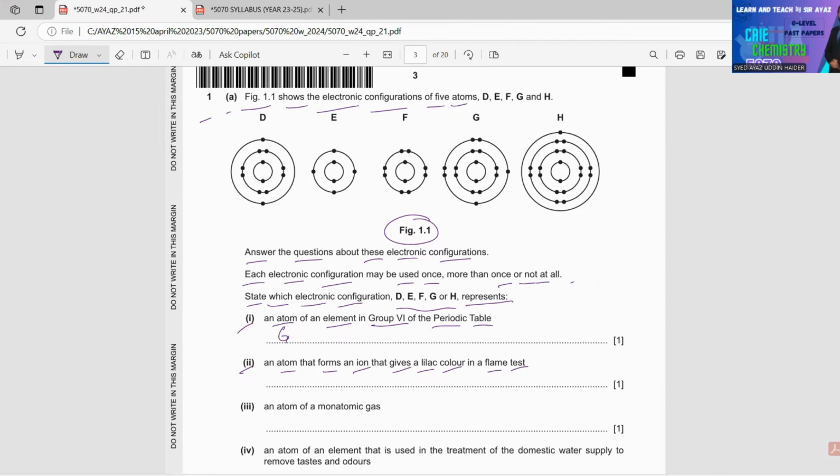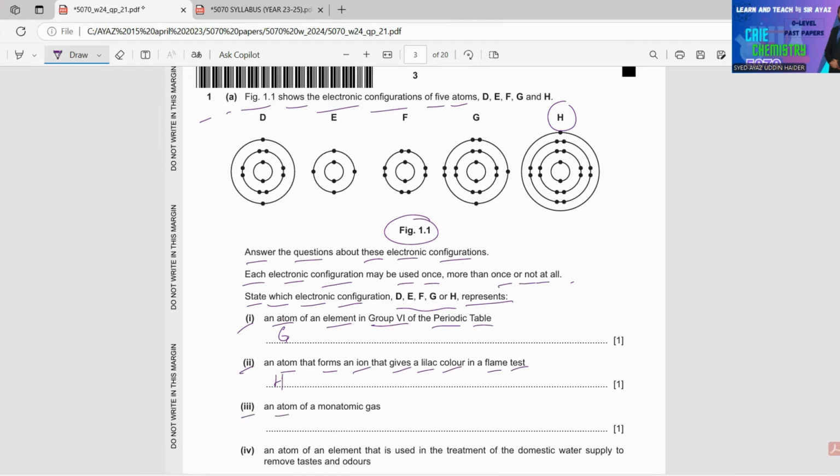Looking at these choices, I have H. If you count the electrons in H, it must be 19. 1, 2, 3, 4, 5, 6, 7, 8, 9, 10, 11, 12, 13, 14, 15, 16, 17, 18, 19. There are 19 electrons in H. So H must be the potassium that gives a lilac color in a flame test. So you'll write H here.